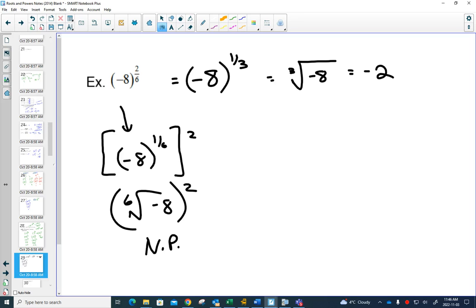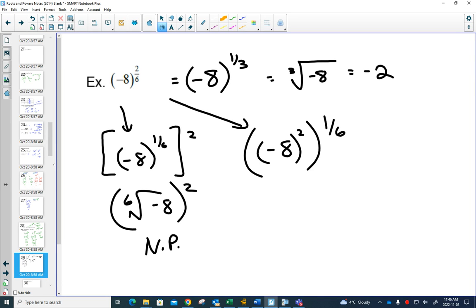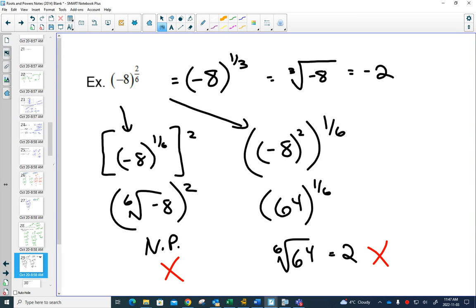That would be a problem. If you didn't simplify it and did it like this, you would get +2 and get it wrong. So depending on which math rule that we use, we either get not possible, +2, or -2. This one is wrong. This one is wrong.